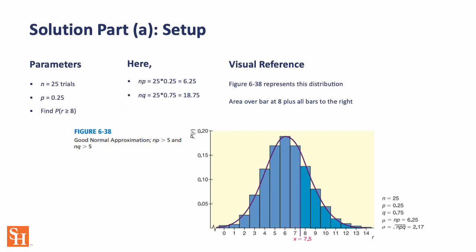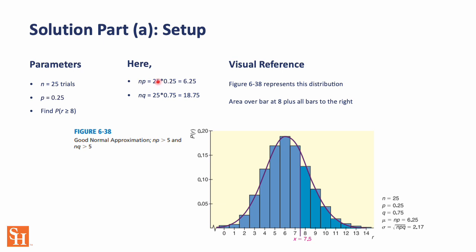So here, what information do we have? We have the number of trials equal to 25, probability P equal to 0.25, and we have to find the probability that at least 8 water heaters will survive more than 10 years. First we have to see whether we can use a normal approximation. To use it, we need NP to be greater than 5 and NQ also greater than 5.